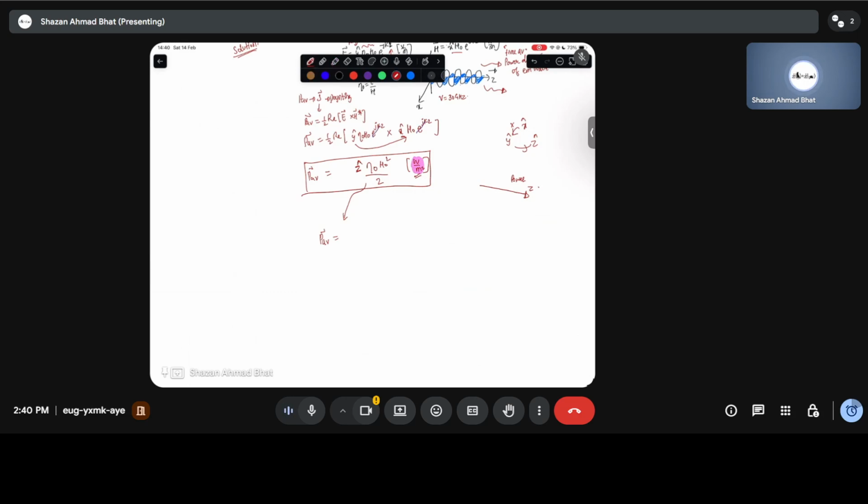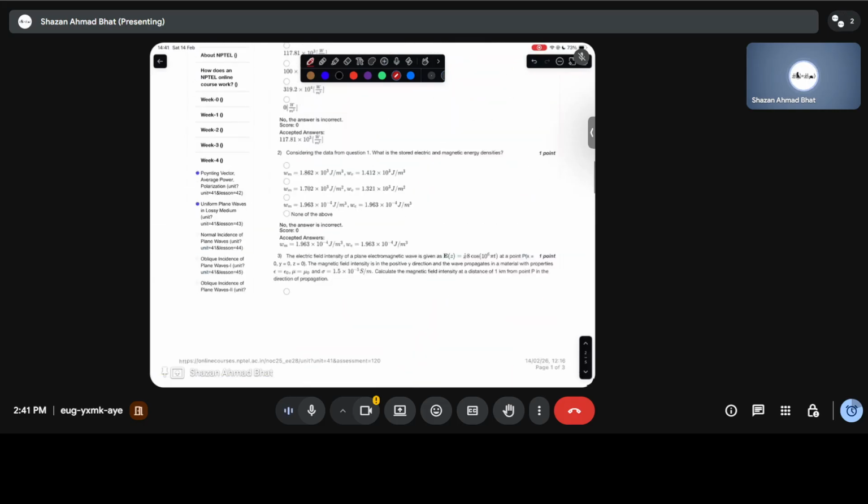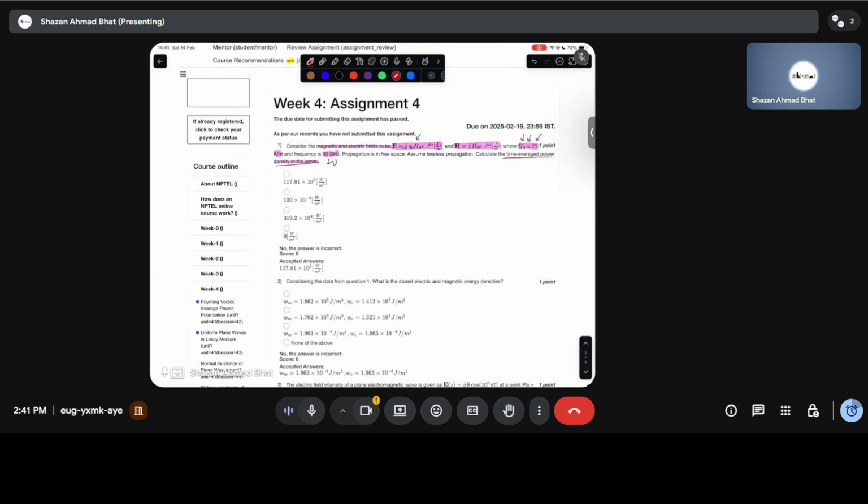Now, if you're going to use the exact values of eta naught, H naught square divided by 2, you have everything given. Eta naught is basically 377, which is the impedance in free space, because you're given the free space propagation. So eta naught is 377 ohms for free space. So you need to use 377 into how much is H naught? H naught, I guess, was given, which is 25.